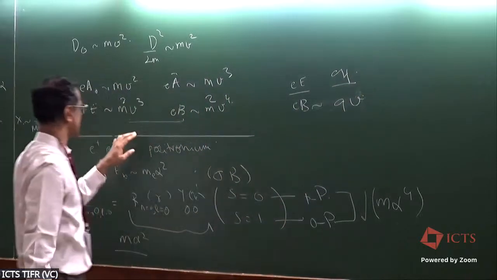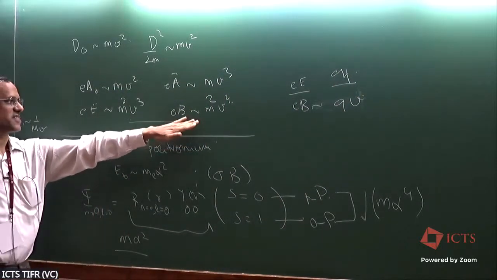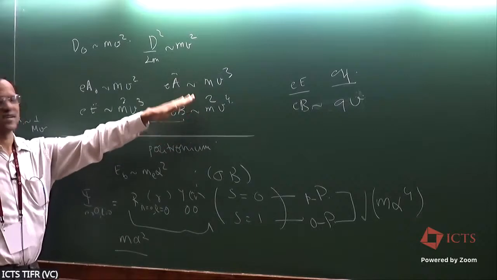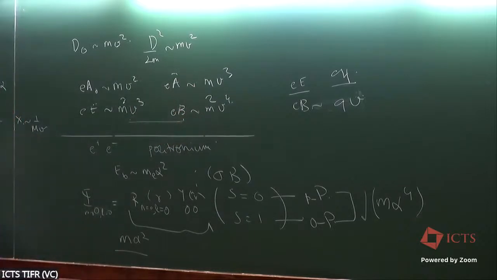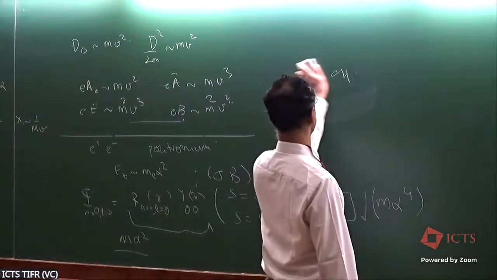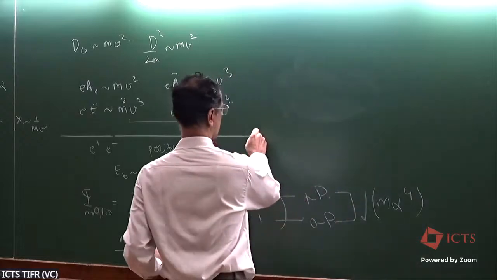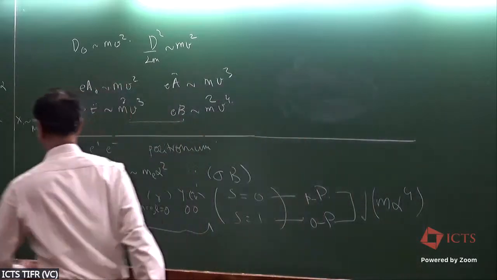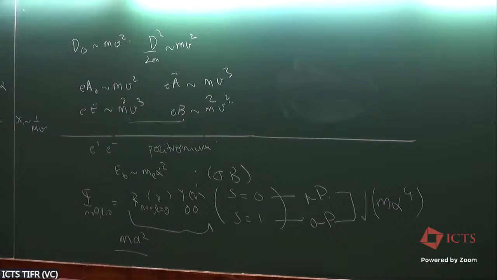So that's the extra v here. And then gradient of A is B. This is in the Coulomb gauge.